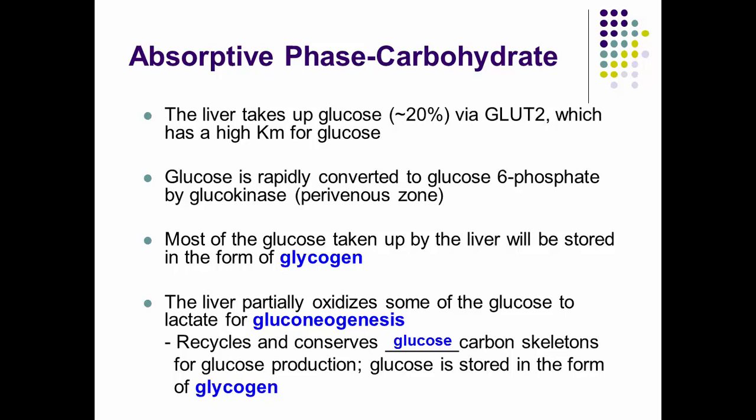And some of the glucose goes to partial oxidation to produce lactate, and this lactate is used for gluconeogenesis. The gluconeogenesis, again, can also occur in the fed condition.